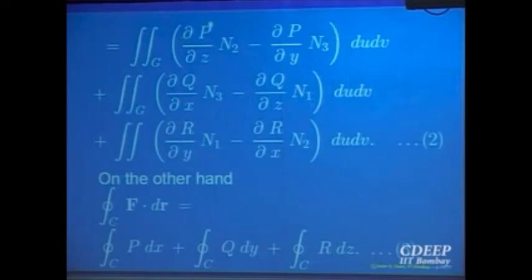So you'll get the partial derivative with respect to z multiplied by minus f_y, minus the partial derivative of P with respect to y, du dv. If you assume your surface is explicitly expressible as z equal to f(x,y), then n2 and n3 can be computed precisely in terms of the partial derivatives of that function f.